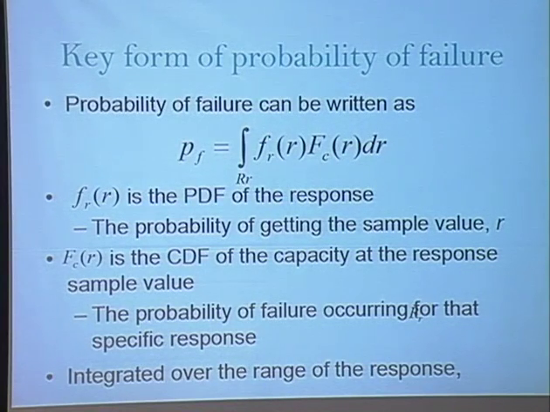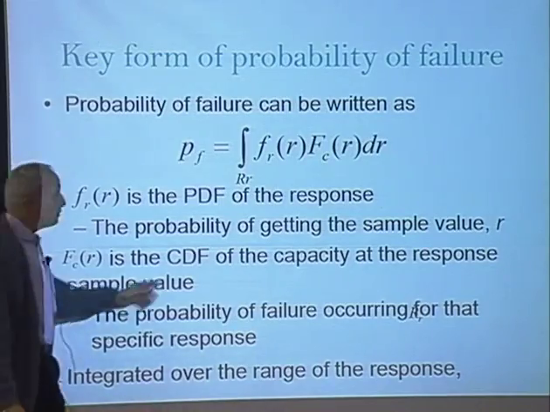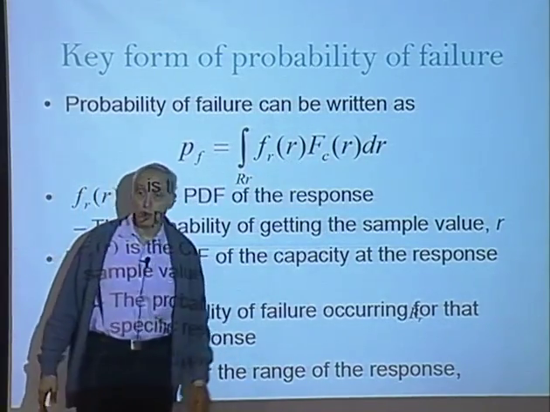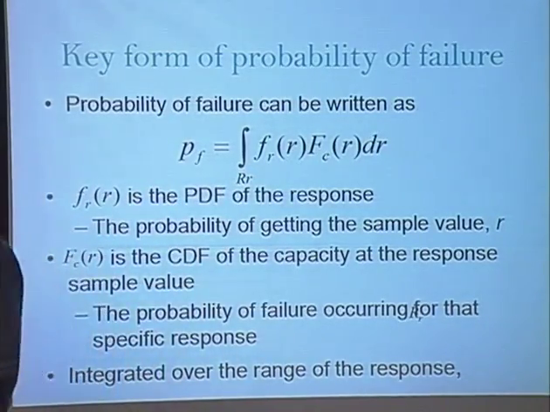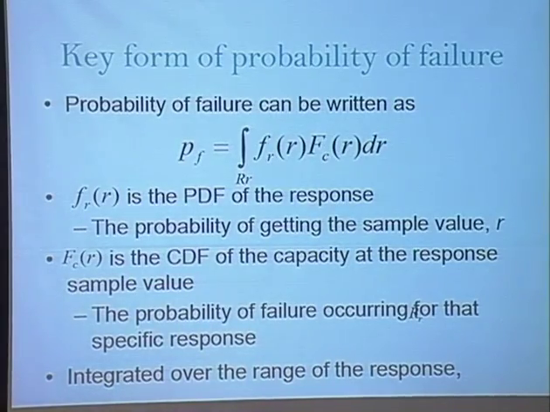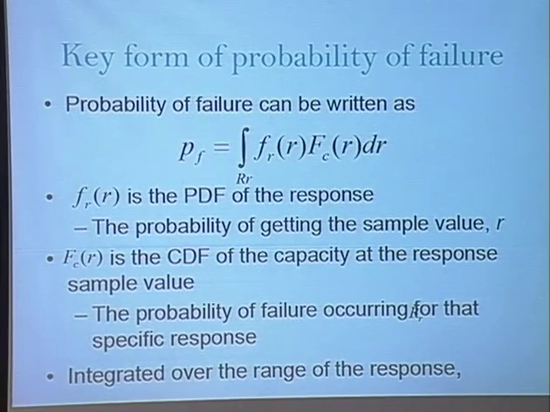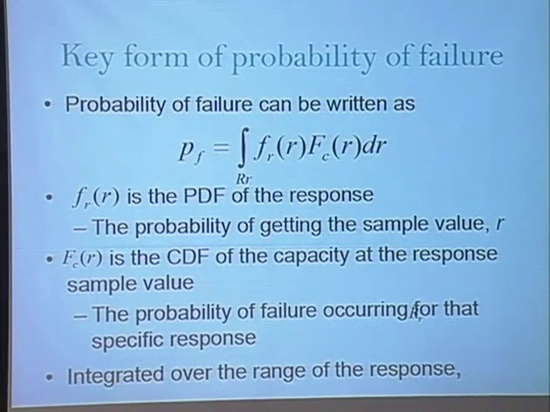So the capacity is often very simple. But even if it's not simple, we can often numerically generate the probability distribution function of the capacity independent of the stresses, because remember, we assume that the capacity is independent of the response. So we can do the calculation of FC on the side.